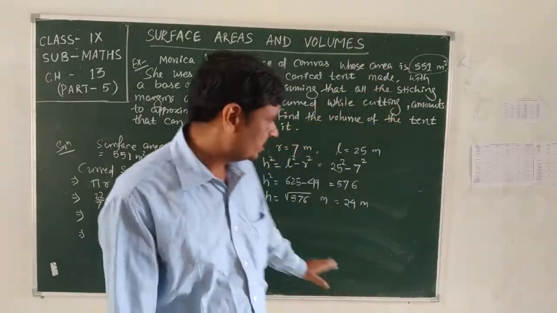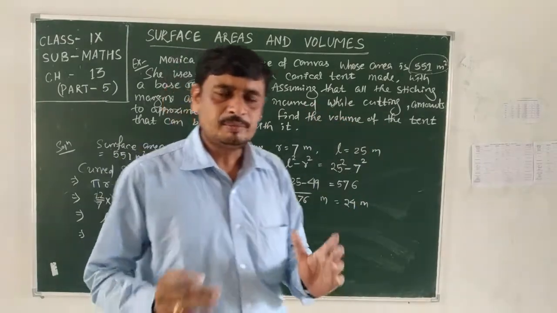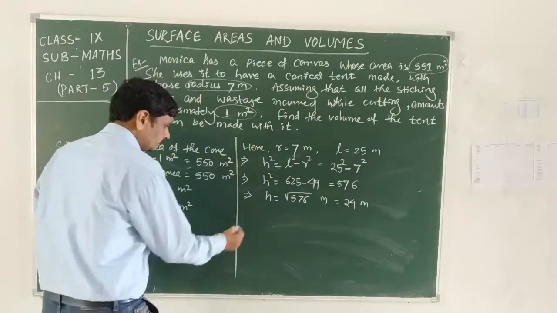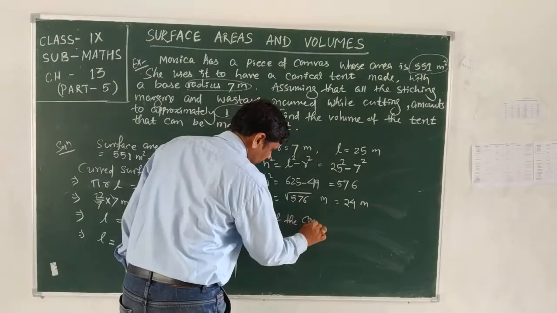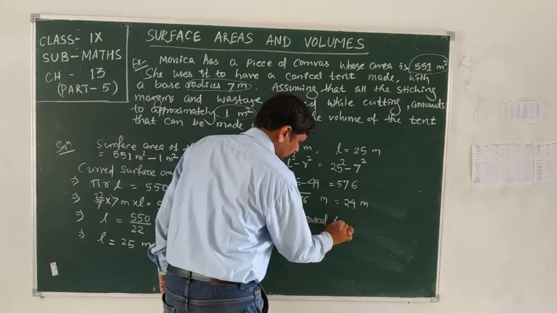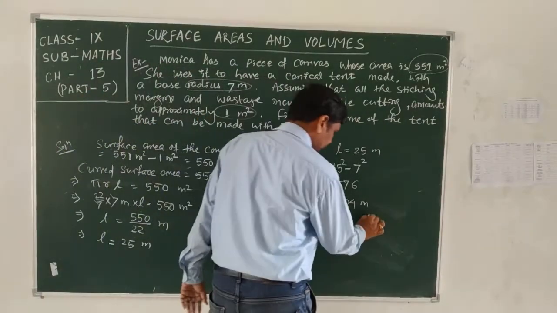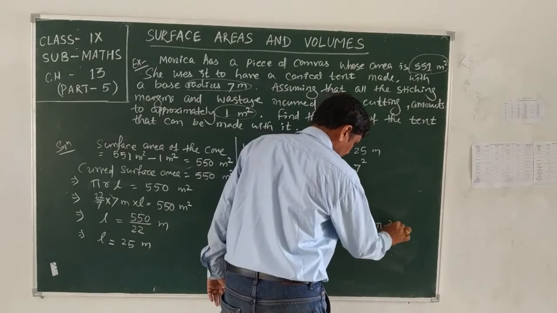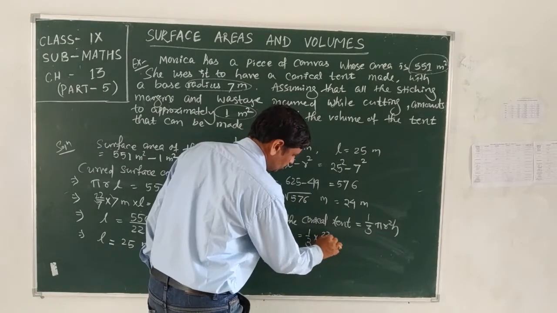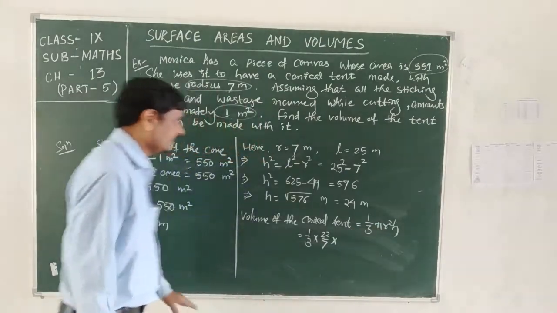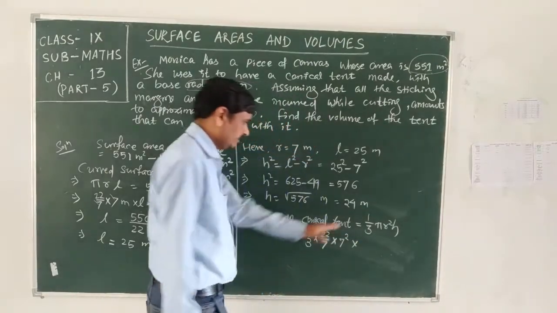After getting this height, we can find the volume of the tent. Now we can find the volume of the conical tent. The formula is one by three pi r square h. This implies one by three of pi is 22 by 7, r square, that is the radius square, that is 7 square, height is 24.